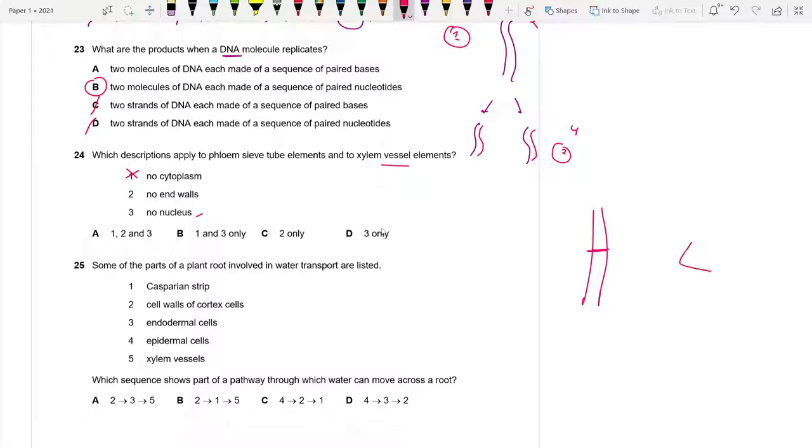If you view it from above, it looks like this. There are a lot of pores. It's modified into perforation plates. Basically, there are a lot of holes in it. These are called the sieve pores, right? So xylem vessel does not have an end wall, but phloem does have a modified end wall. So 2 is also wrong. It should be D.